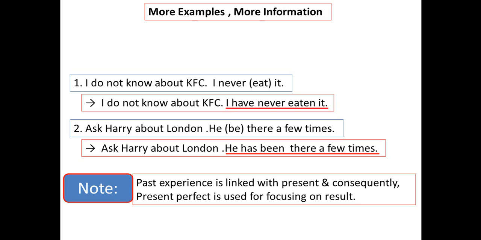The information that Harry gets from his past experience is now connected with the present when the speaker needs the information. So past is connected with the present and consequently present perfect is used for focusing on the result of knowing the information. Let's move on.